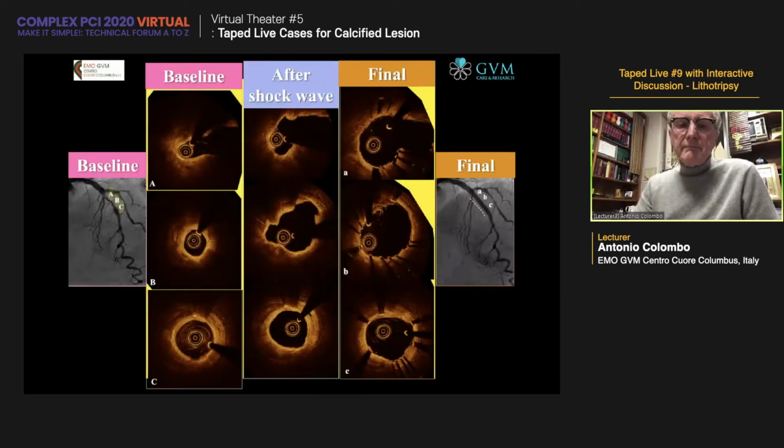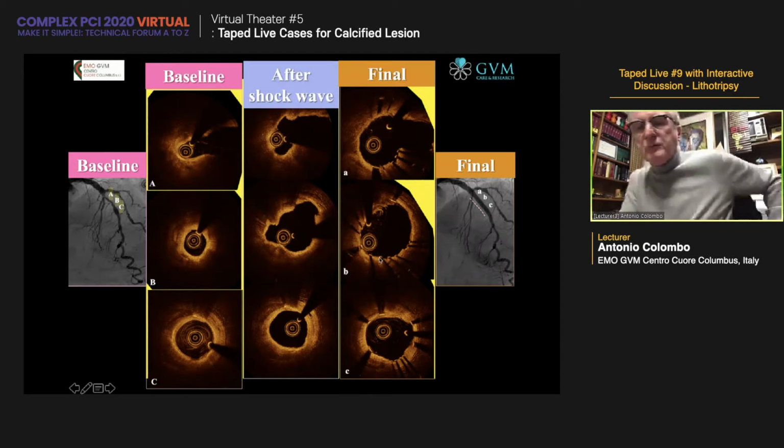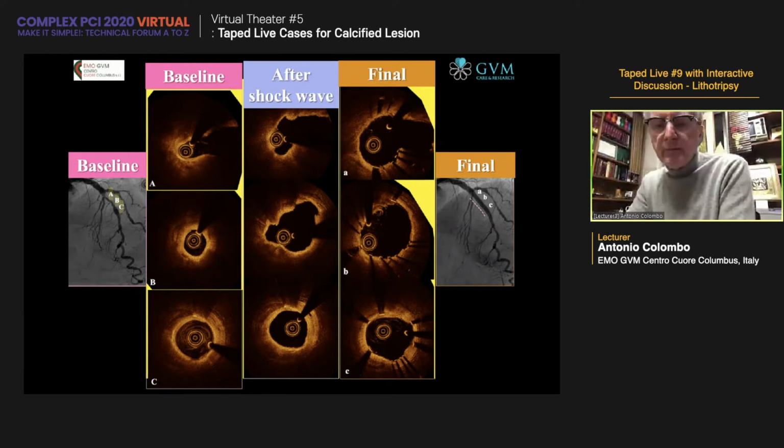But be aware that this is not only a goal of the shockwave, it's a goal of the high pressure balloon, which was applied after the shockwave and after stent implantation. Here is the baseline. Look at the difference between A and small a, B and C, really.